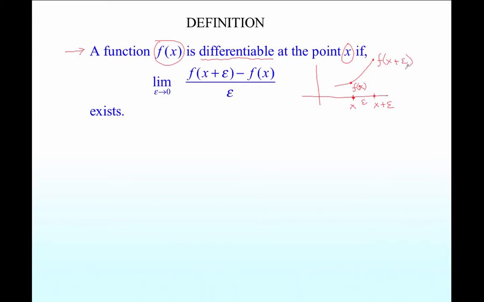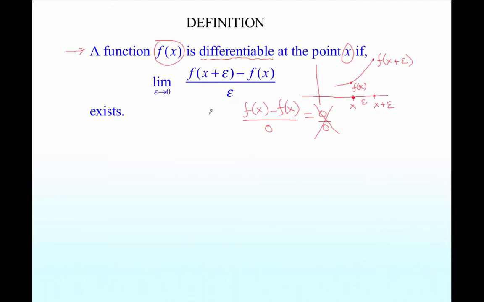Of course, if epsilon was exactly 0, then you see on top, I would have f of x minus f of x, and at the bottom, I would have epsilon, which would be 0. And so this would be 0 over 0. And 0 over 0, as you know, means nothing. It's not defined. So it's very, very important that you remember that epsilon is some small number.